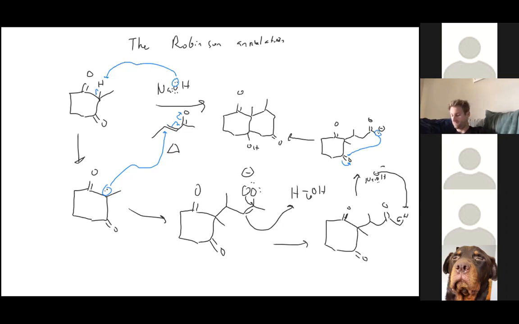We'll draw these out a couple times. From here, we're going to do our condensation. So we're going to pull off our OH, or sorry, pull off our H, make our double bond. Our OH can grab the other proton to give us our final product.